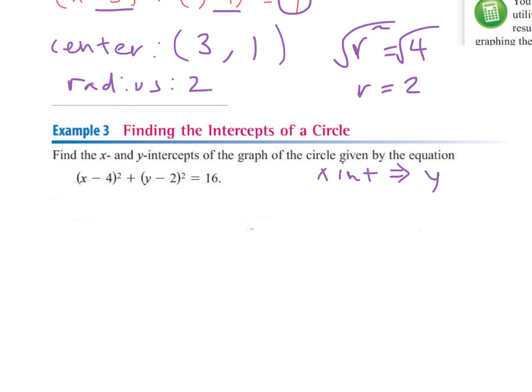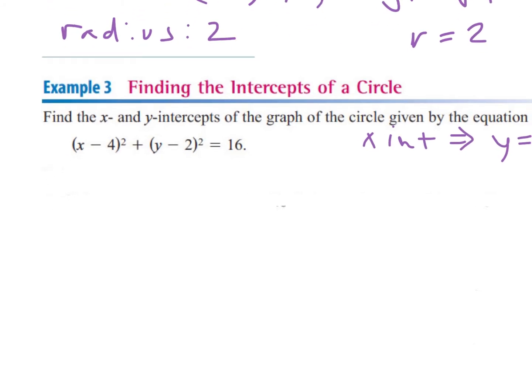Yep, for the x-intercept, you put y equal to 0. So we set y equal to 0 and solve the equation, solve for x. So we have x minus 4 squared plus 0 minus 2 squared is equal to 16.